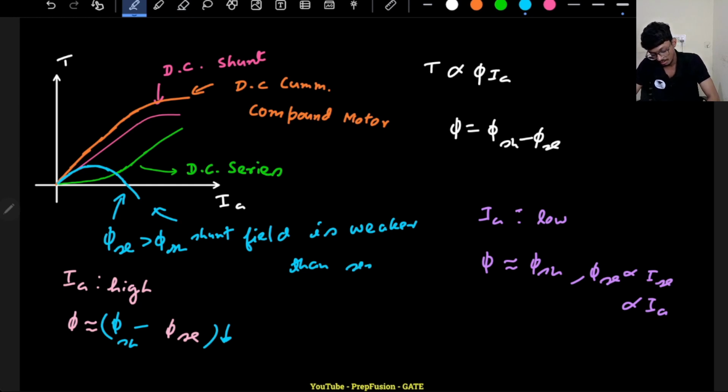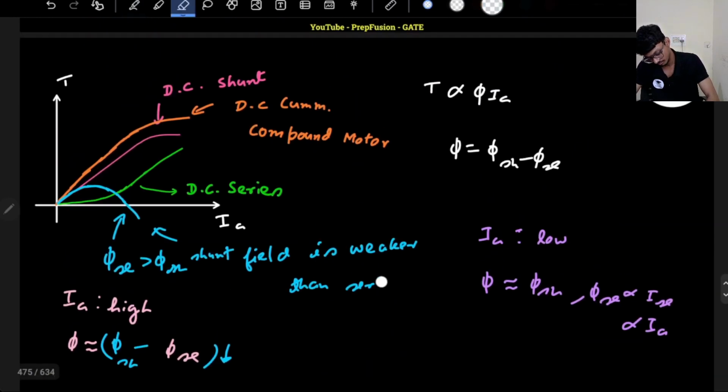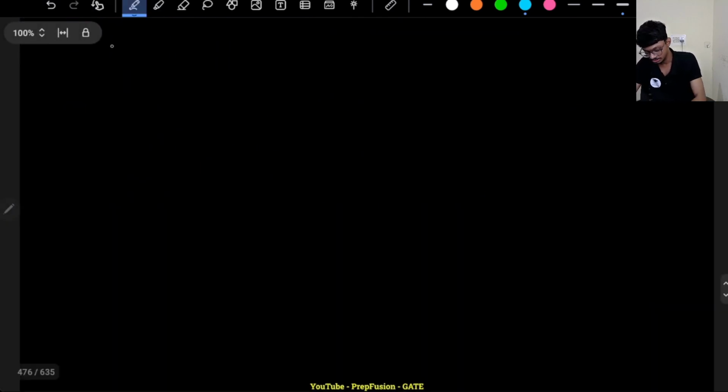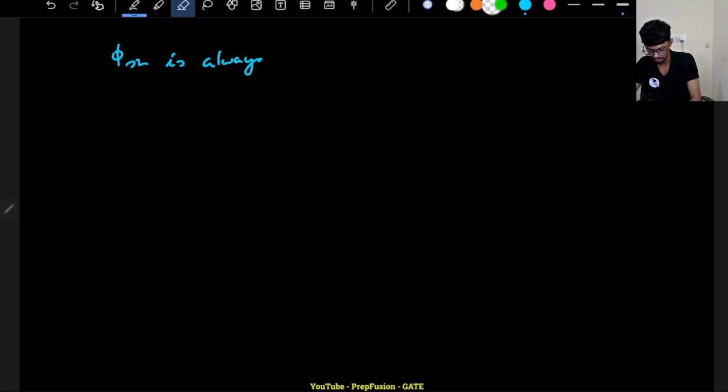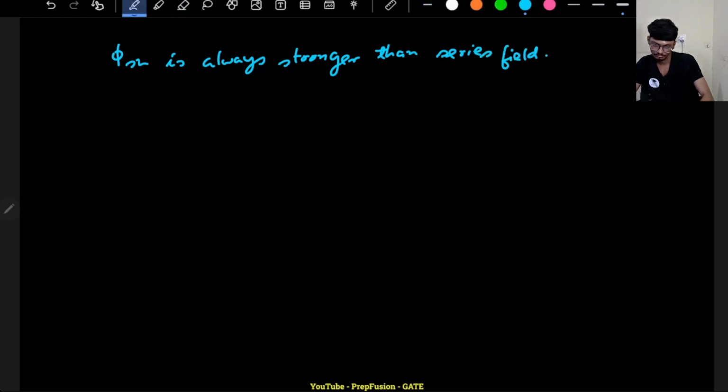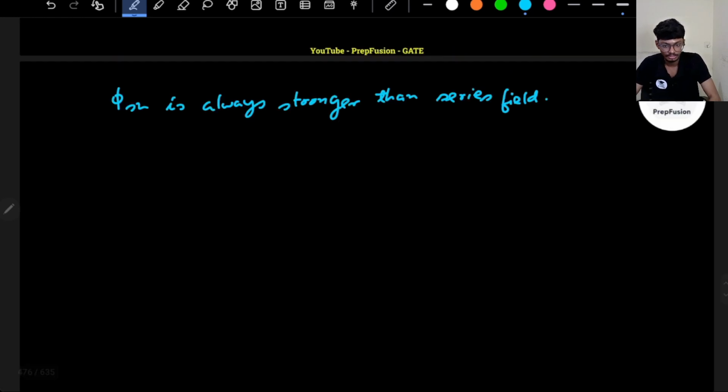But what if I assume that the shunt field is always stronger than series field? Okay, shunt field is always stronger than series field.